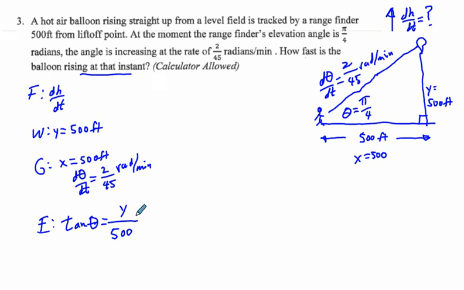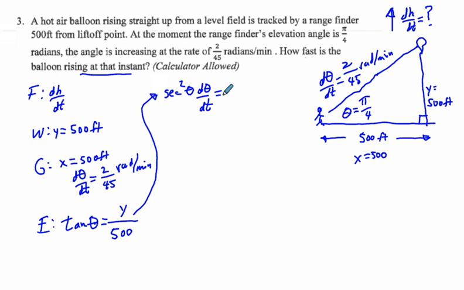And so we're going to go ahead and take this equation up here and differentiate it. And what we're going to have is, what is the derivative of tangent theta? Well, it's going to be secant squared theta d theta dt.